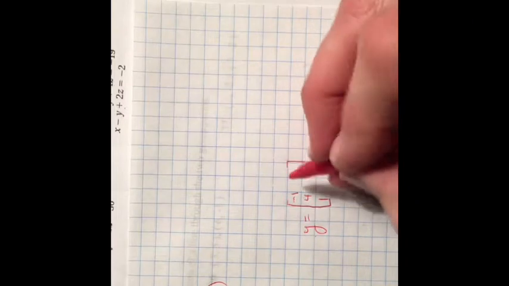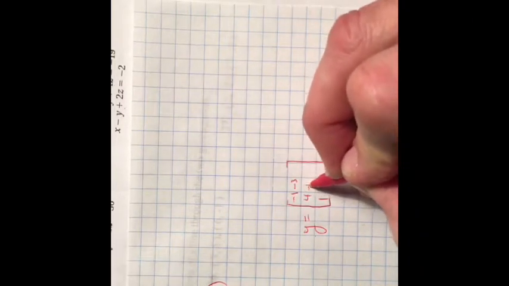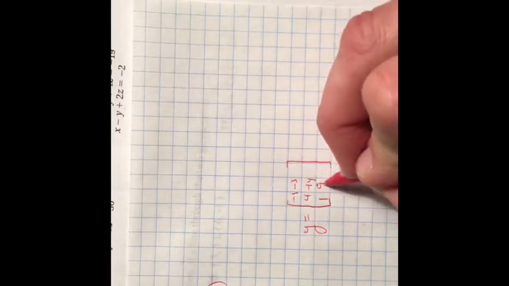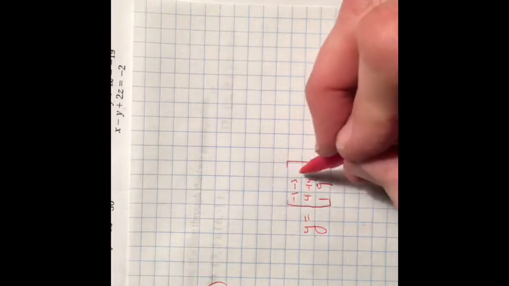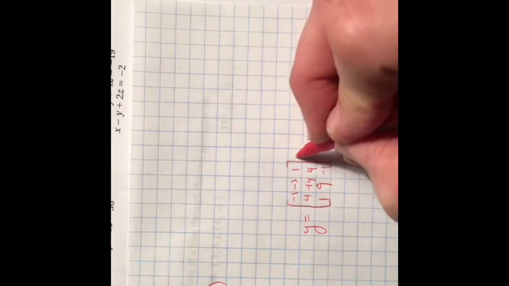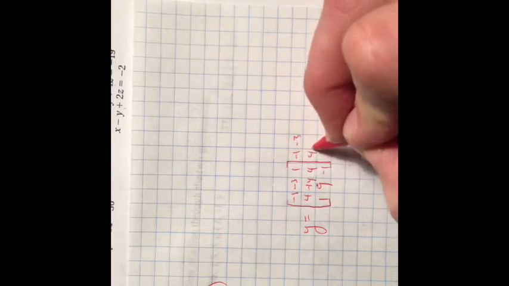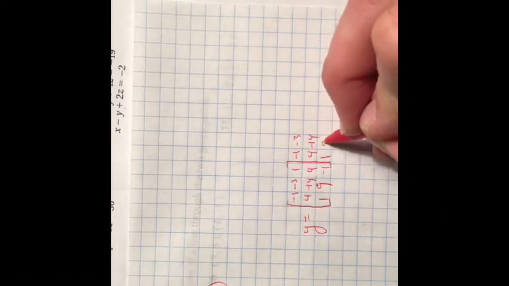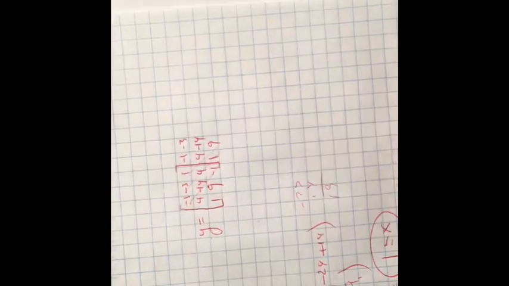I'm finding y, so I can put the -3, -14, 9. Now the z's are 1, 4, -1, 1, 4, -1. Repeat the first 2 columns again. -1, -3, 4, -14, 1, and 9. Here we go. Those, and those.